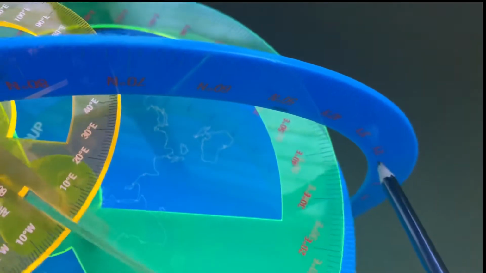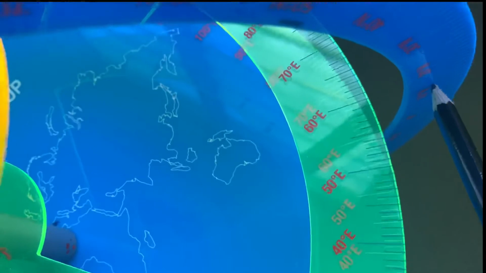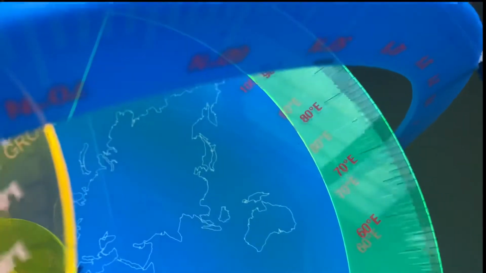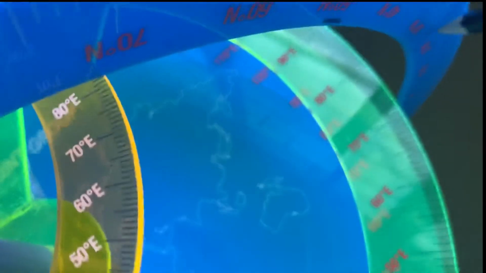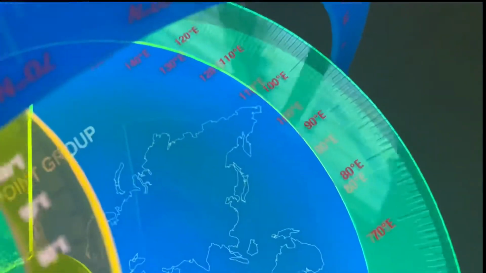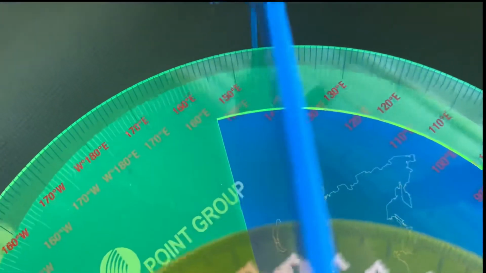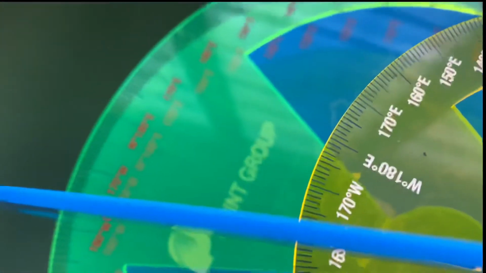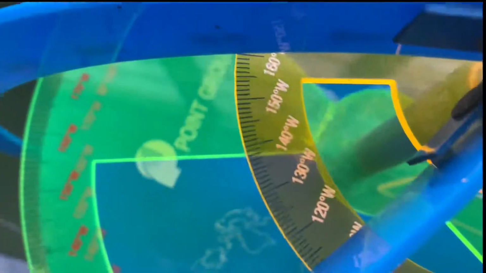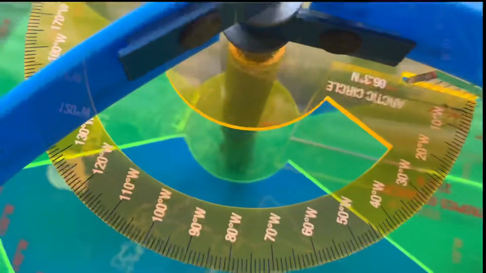Keep on moving to the east. How many degrees do we have? 60, 70, 80, 90, 100, 110, 120, 130, until we move to here, just opposite to the semicircle with 0.